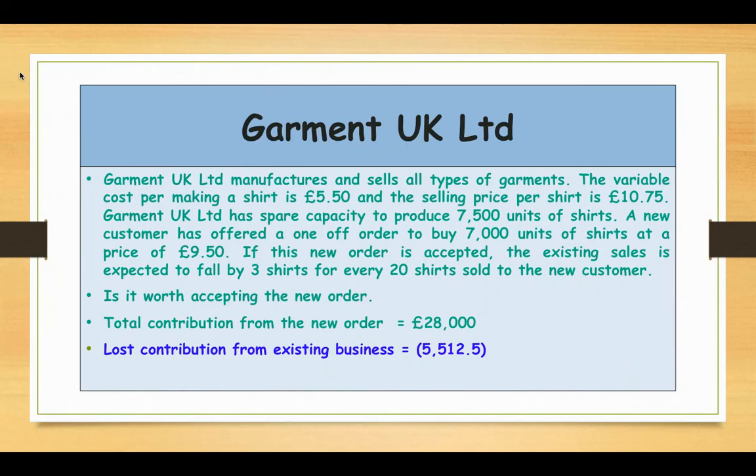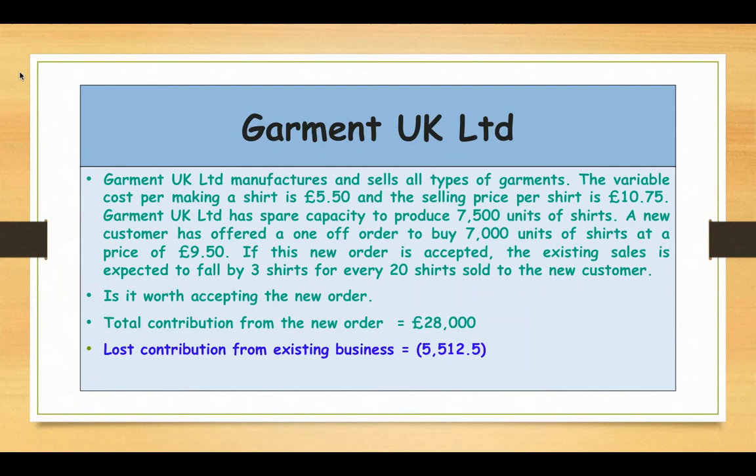Now, we are going to lose contribution from our existing sales. For every 20 shirts we are selling for this new order, we will be losing 3 shirts from our usual sales.